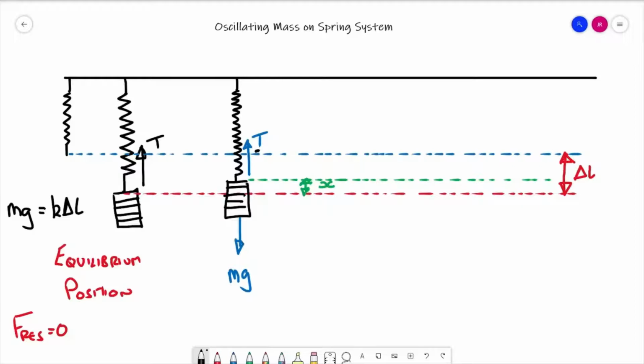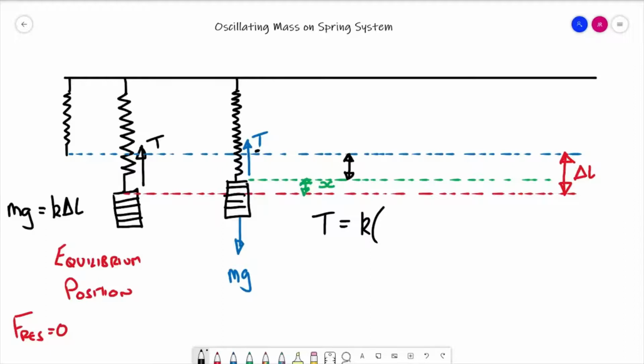Now, in order to calculate that tension, it will still be the spring constant multiplied by the effective extension. The effective extension here is between the blue line and the green line, because that's how far it has been extended from its original length.